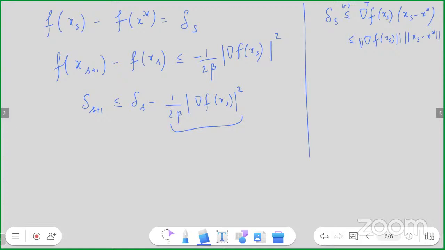So I know this is also true. Yeah, we can put that. If it's less than or equal to delta S minus something, and delta S is also less than that, we can substitute. When can I do that? When it's convex.